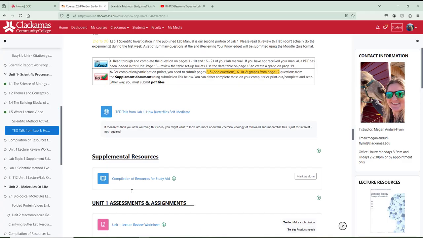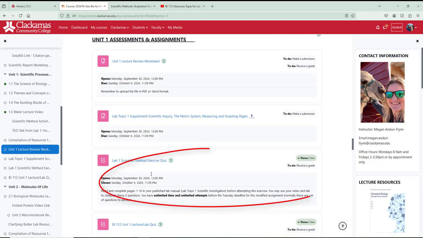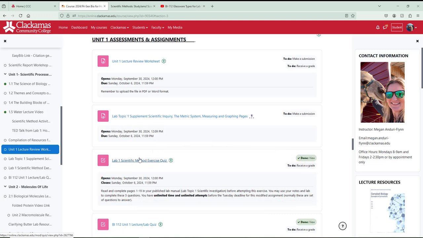You're going to go into our Unit 1, and if you go down to Lab Number 1, Scientific Method Exercise Quiz. This quiz is available until Sunday midnight, and you can take this as many times as you want until you get 100%.